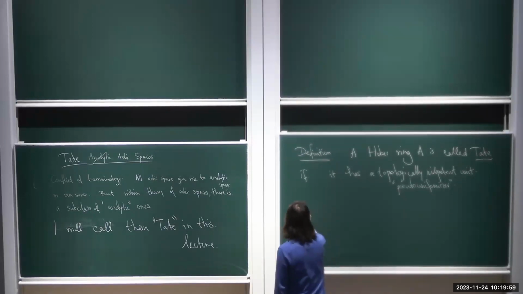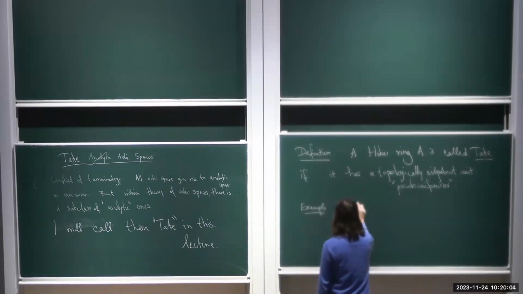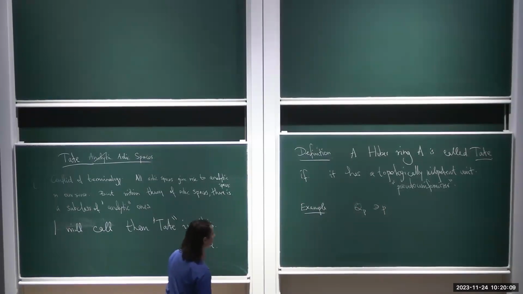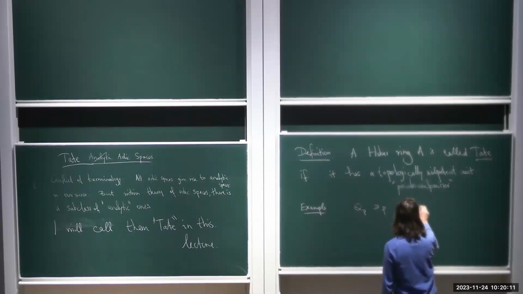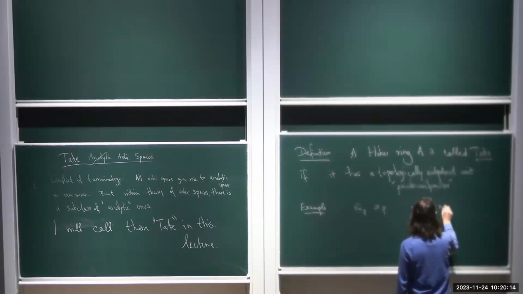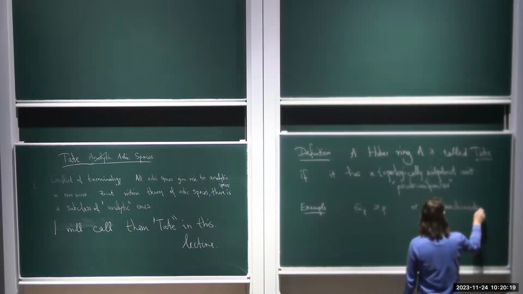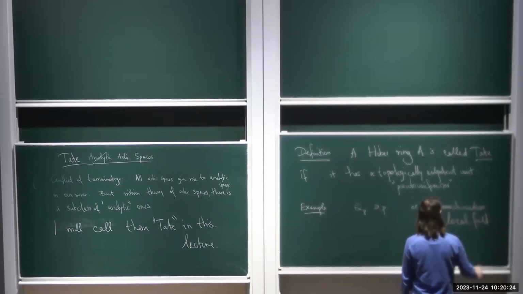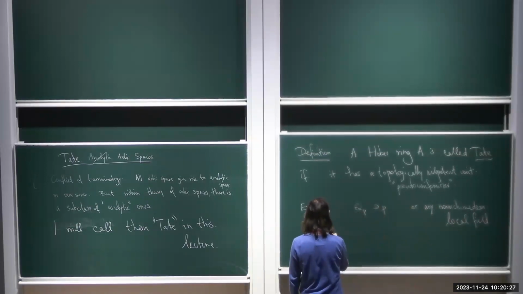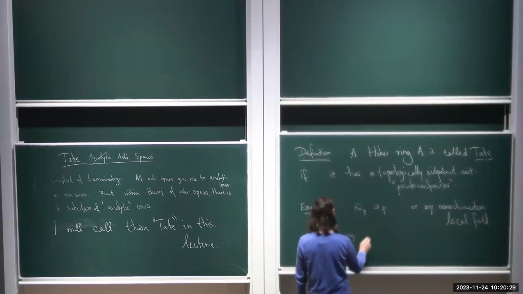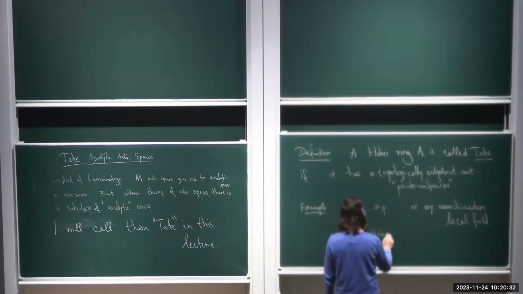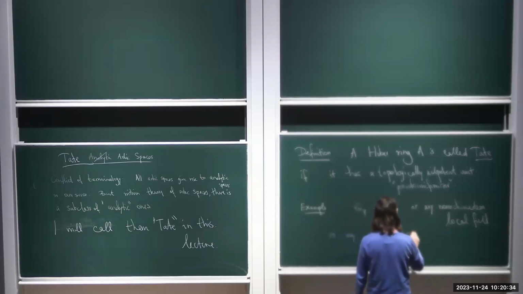Right, so the example to keep in mind is, for example, Z_p((T)) where p is a topologically nilpotent unit, or in fact any non-Archimedean local field. Complete, of course, we are always assuming completeness. Or any kind of Banach algebra over, or any Huber ring over.